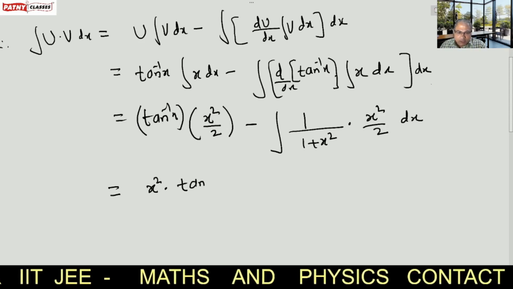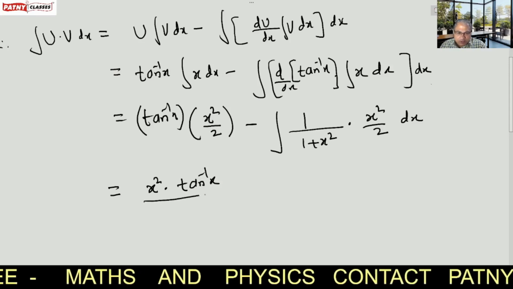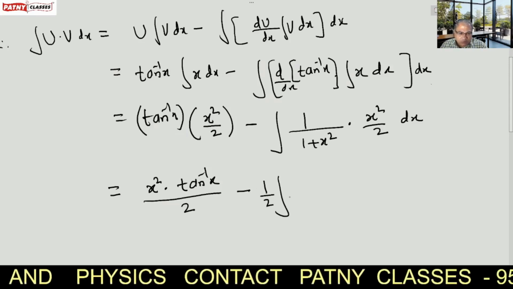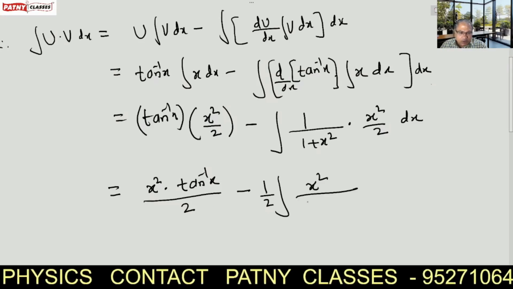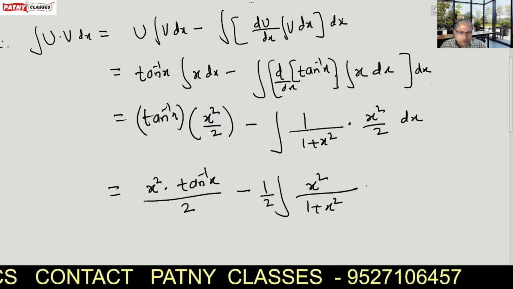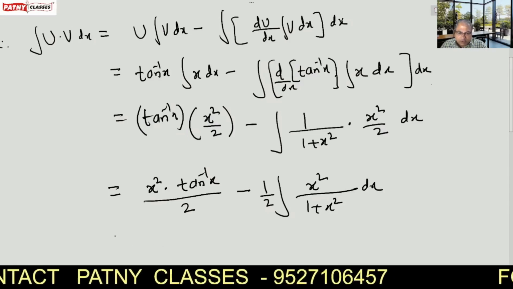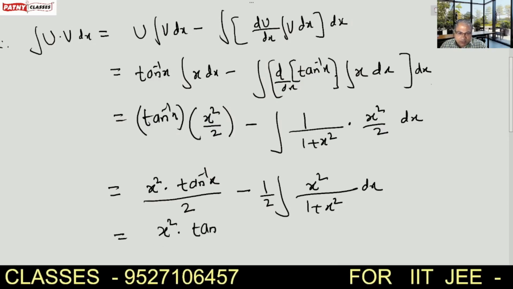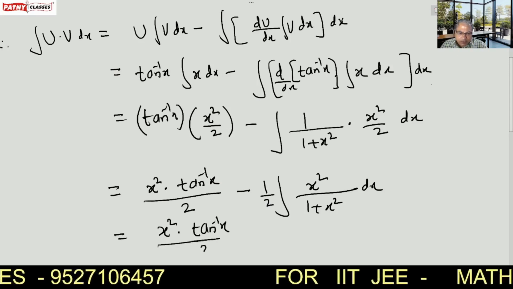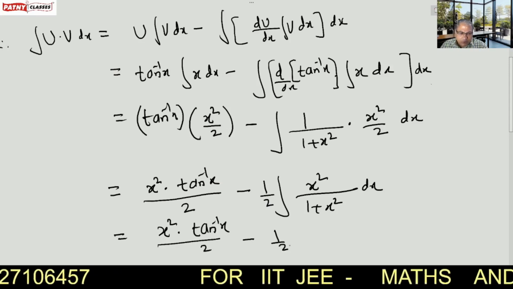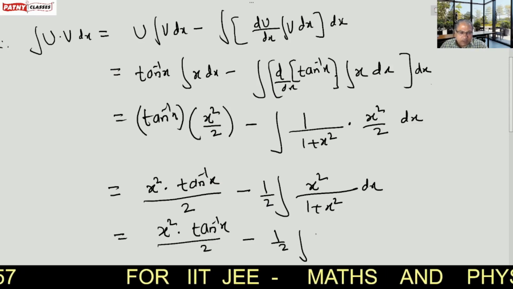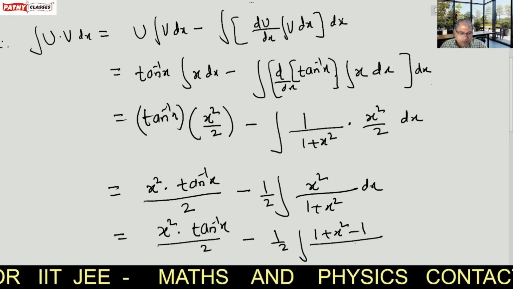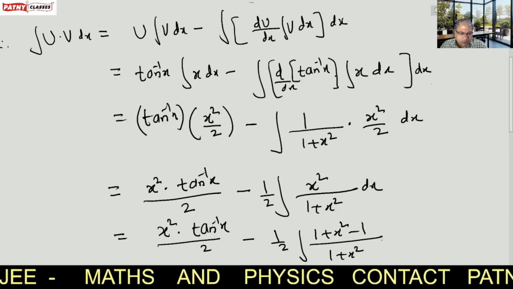inverse function upon 2 minus 1 by 2 taken outside, x square upon 1 plus x square with respect to x, equals to x tan inverse x upon 2 minus 1 by 2, adding 1 and subtracting 1, plus 1 minus 1 upon 1 plus x square.